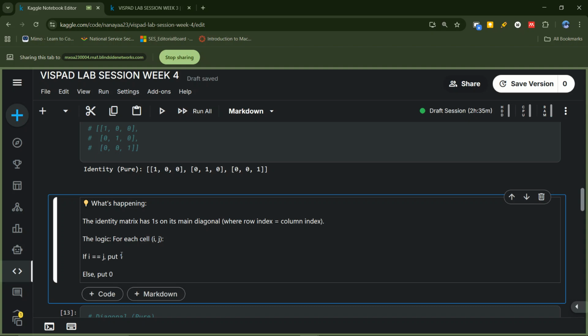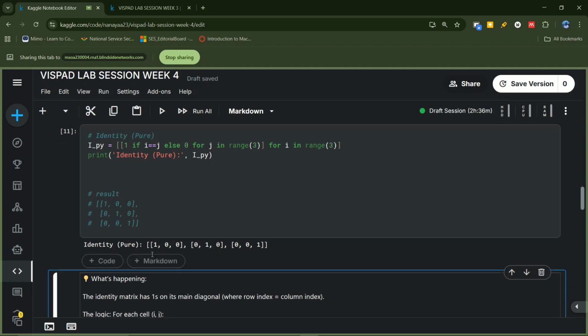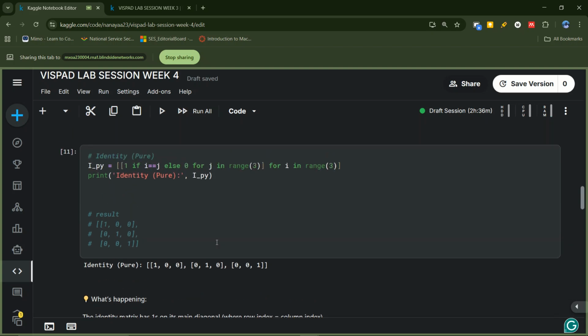Okay, that is what the code tried to do. So the logic for each cell ij: if i is truly equal to j, put 1 there, else put 0. That is what we are trying to achieve for the identity matrix. Then we have diagonal. So over here, that's giving us some diagonals to consider. Remember, identity is 1, 1, 1, 1.